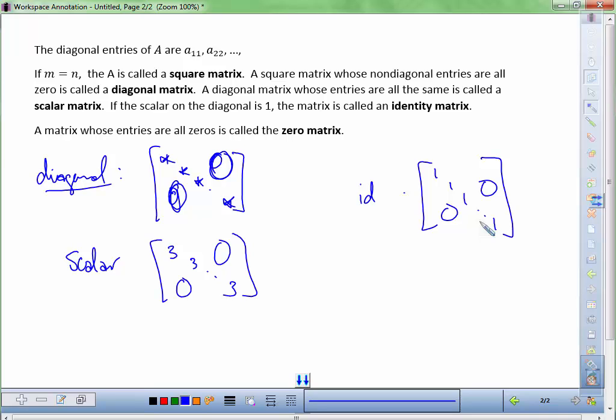So the scalar matrix is called a scalar matrix because we can actually see this as just a scalar times the identity. So if these were 3s, anybody know what that scalar is? 3?